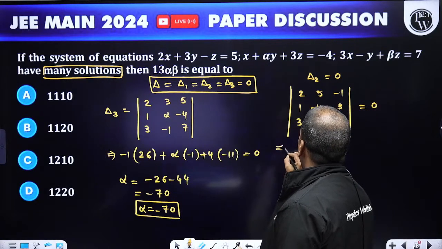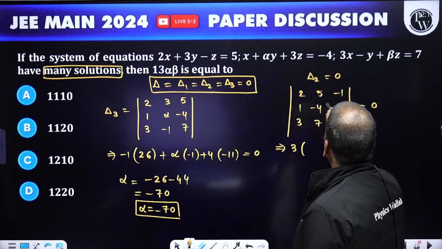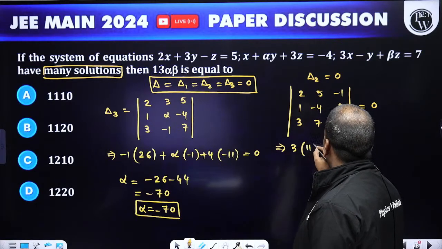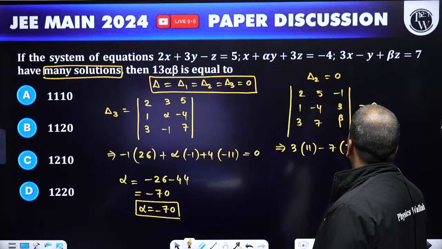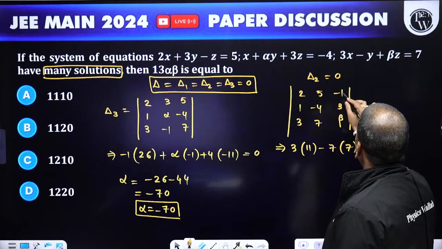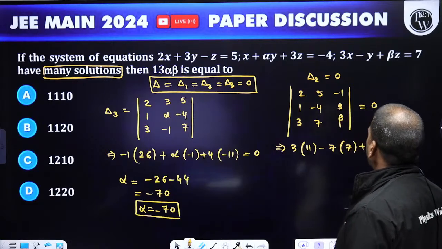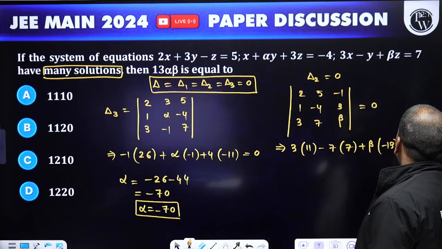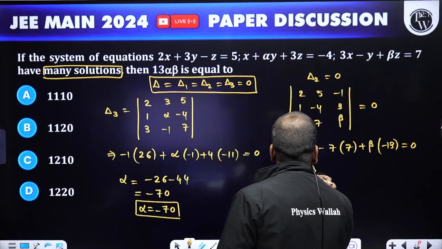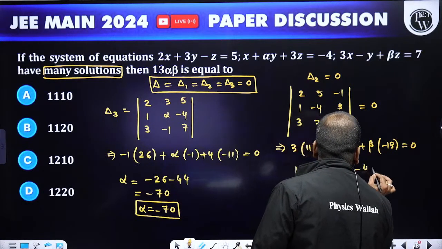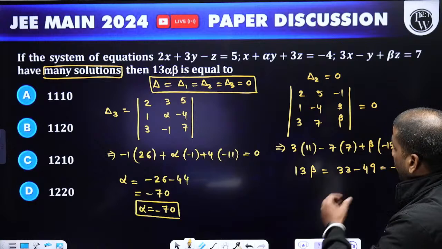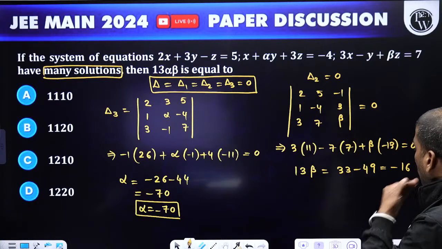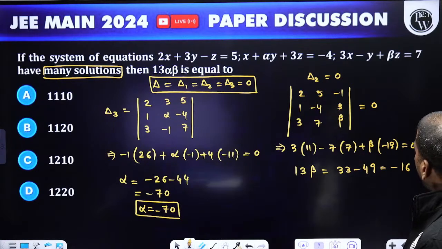Now expand over R3: 3 times (15 minus 4), that is 11, and minus 7 times (6 plus 1), that is 7, plus beta times (minus 8 minus 5), so minus 13, which is equal to 0. So 13 beta is equal to 33 minus 49, that is minus 16. So 49 minus 16... that is 70.